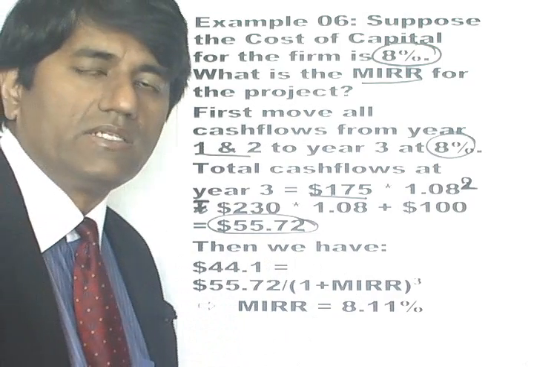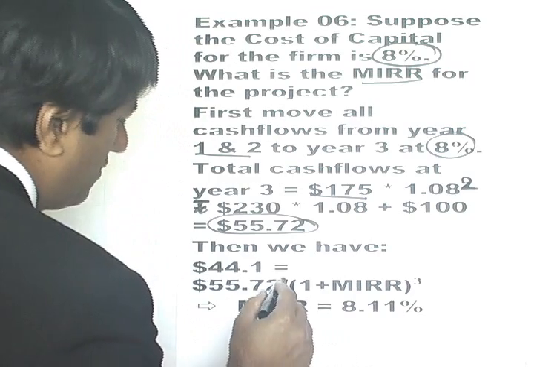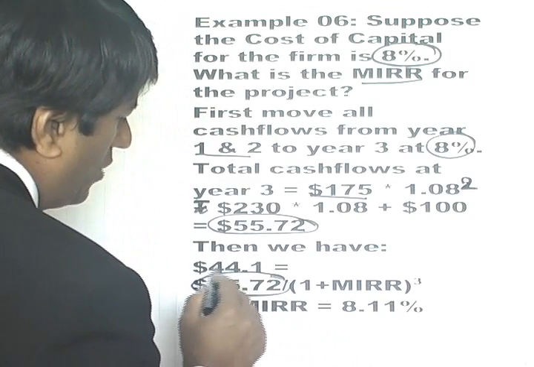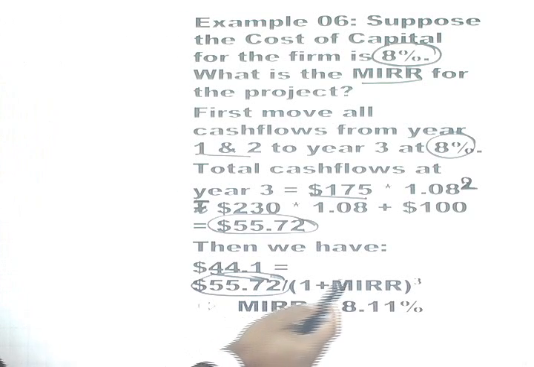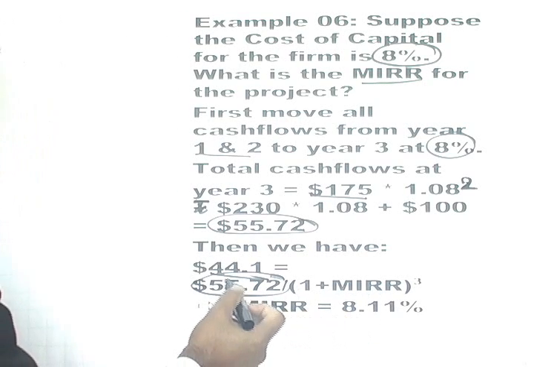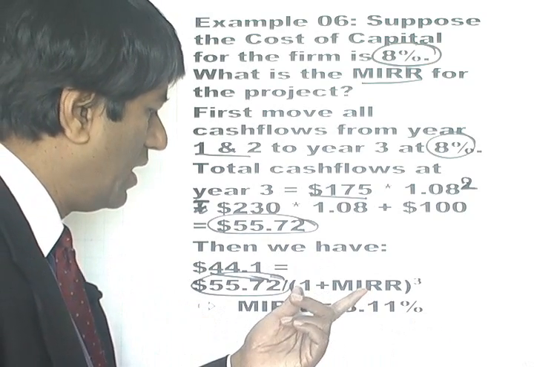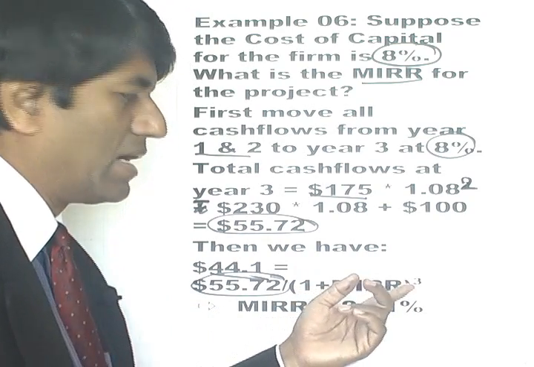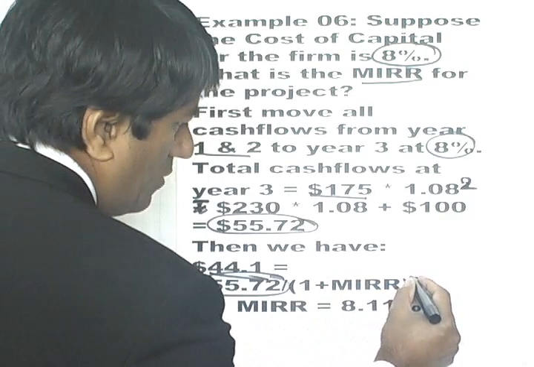Then to calculate the MIRR, we calculate the rate which this 55.72 produces on the initial investment of 44.1. It's 3 years in the future, so it's going to be 1 plus MIRR to the power 3.